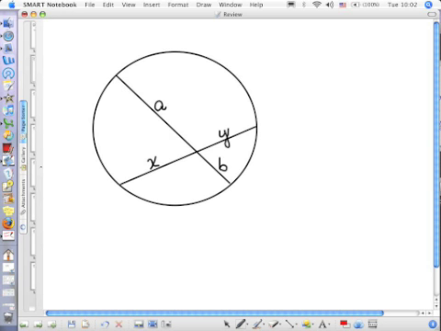A multiply times B. Yes. You simply multiply the two segments of one chord, and that is going to be equal to the product of the two segments of the other chord. Very simple. We simply multiply, and they're equal. Y'all remember that? Yeah. Okay.